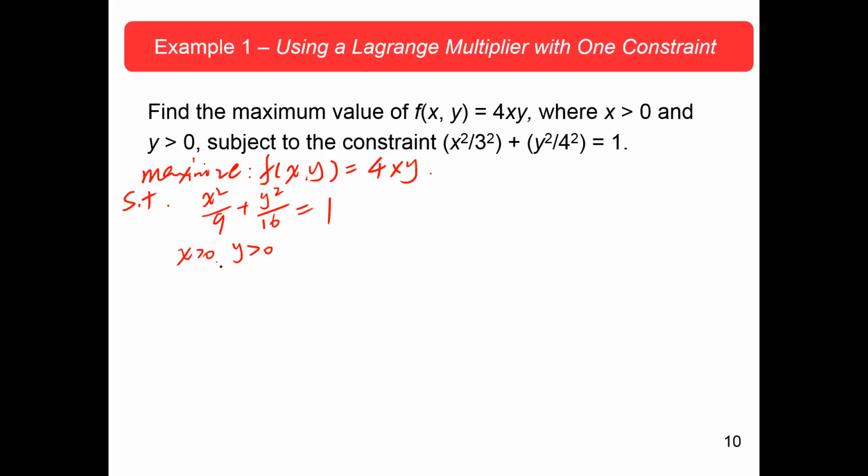But you can tell that x and y could be other values, in the second, third, and fourth quadrants. But that's the general format we have here. So we already have f(x, y), that's perfect. And what's going to be our constraint? g(x, y).